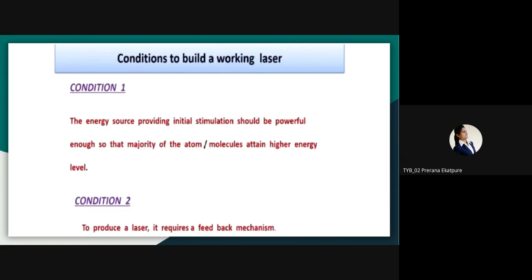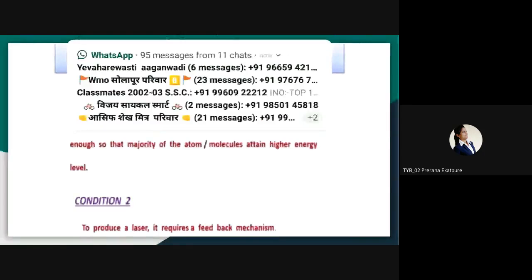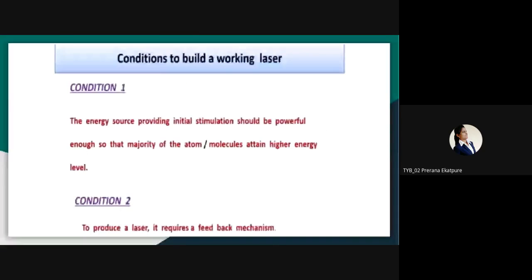So if the atoms are not at that powerful level, they will not generate photons. So the first condition is that the energy source providing the initial stimulation should be powerful enough so that the majority of atoms or molecules attain the higher energy level. Only then, while coming back to the lower level, will it release photons.